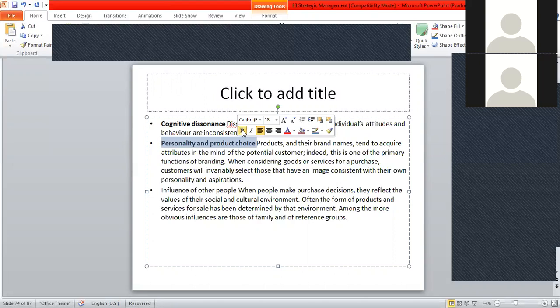Some people give importance to brand. So when they give importance to brand, that has to be considered, based on their need for branded products.